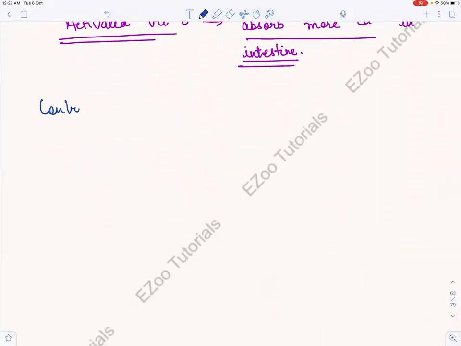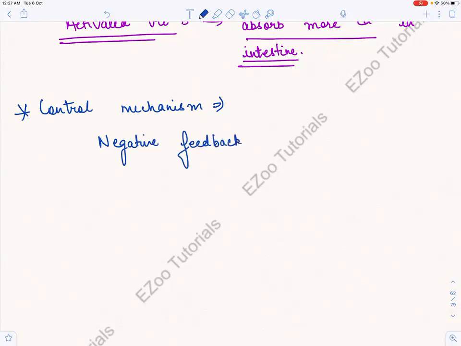What is the control mechanism of this hormone? Basically, it is a negative feedback mechanism. Now we have understood how it is working on bone, kidney and intestine. Suppose there is a drop in the blood calcium levels. What will happen?